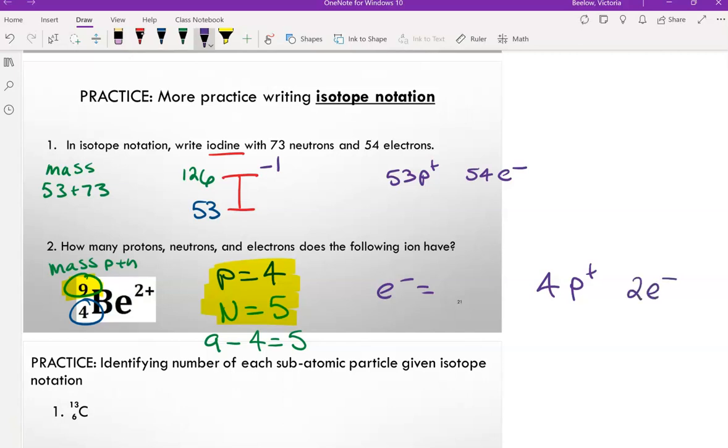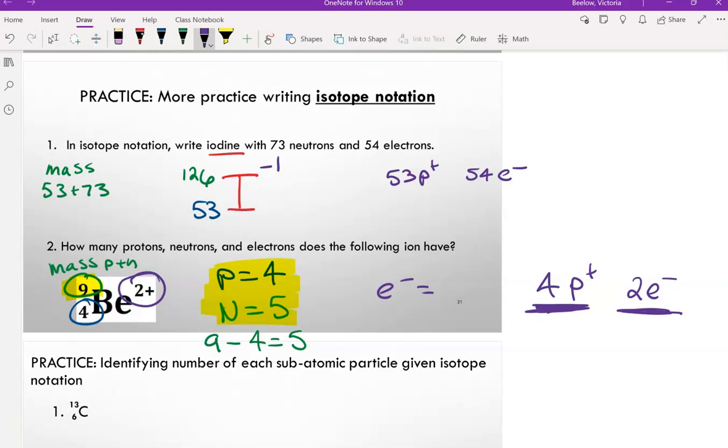So for the electrons, we must have 2 electrons, because if we have 2 electrons, that means that we have 2 more protons in comparison to our electrons, which is going to give us that 2 plus charge.